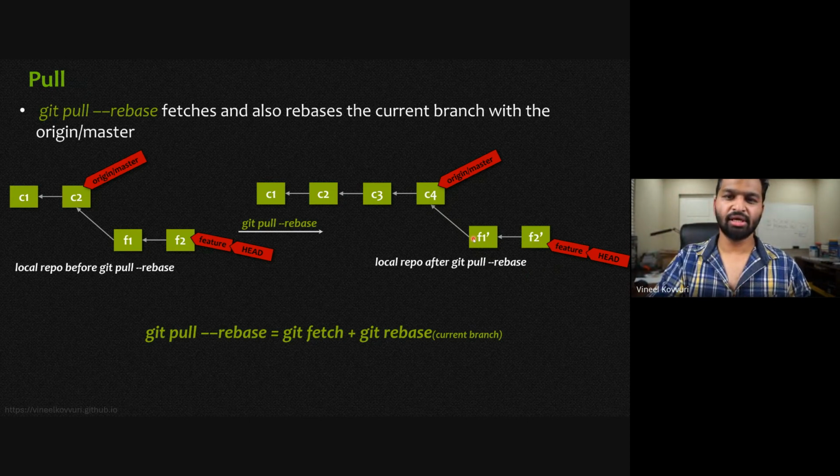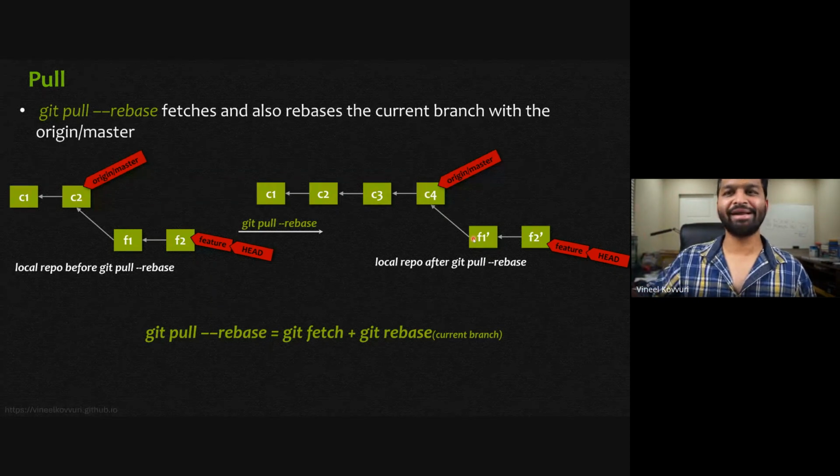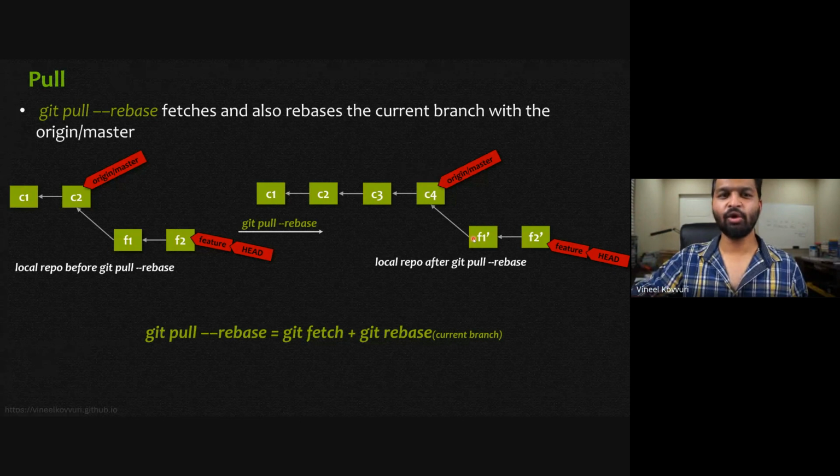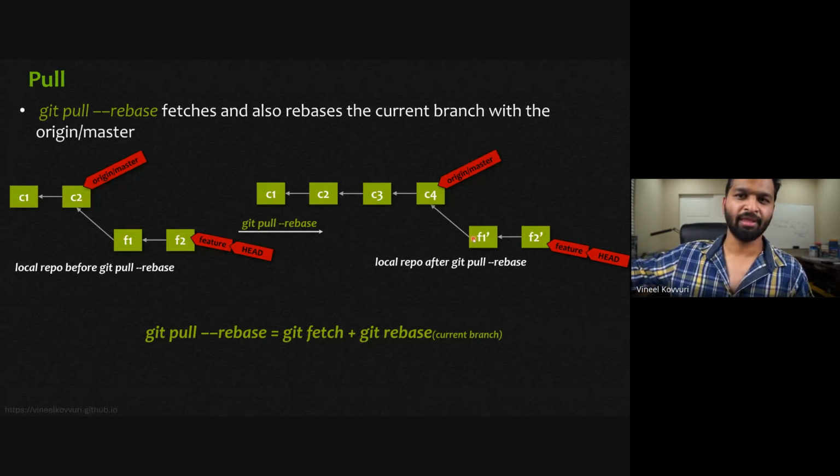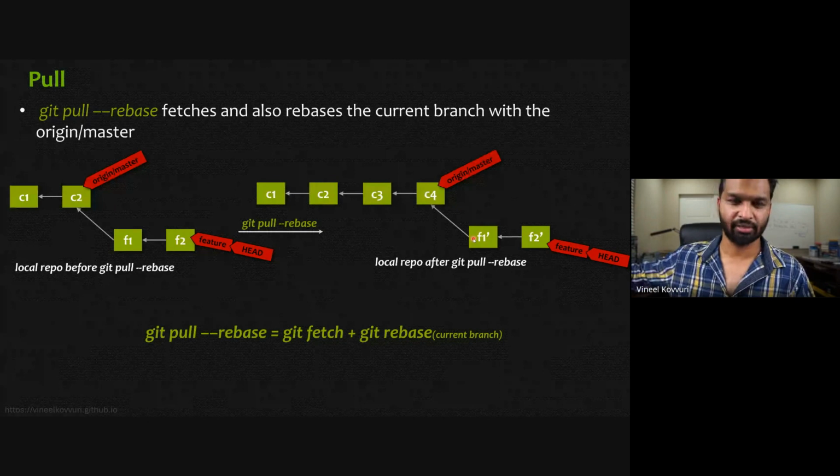Subsequently, any of your teammates who want to work will repeat the same exercise. They do git pull --rebase, at which point they get the F1' F2' changes onto their machine, and then they start working on top of it.